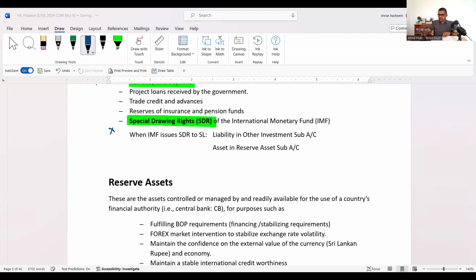Just as a helping hand or some input for you, I've given the double entry. If it's issuing SDR, when the IMF issues SDR to Sri Lanka, it's a liability in other investments, right? And it's an asset in reserve assets. Okay.